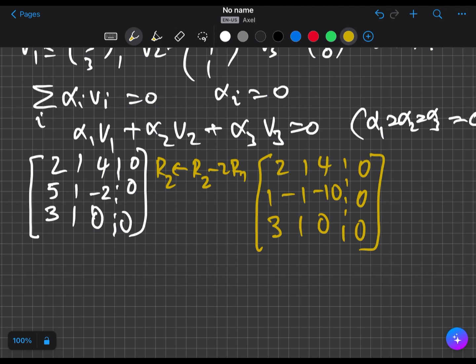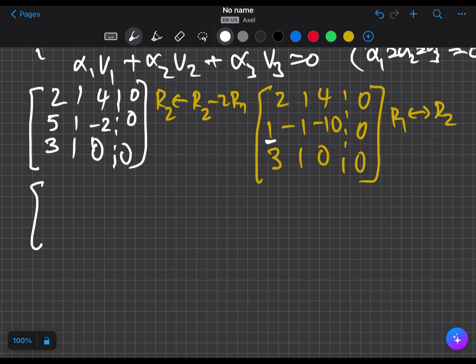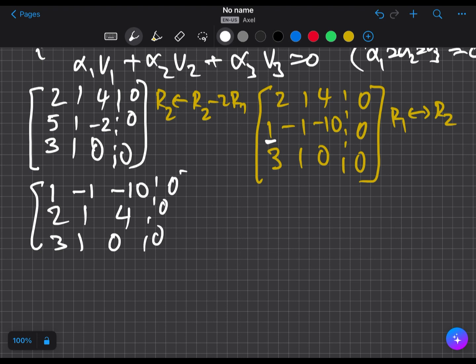And from here I can swap R1 and R2, so that I should have the leading entry at the top. So this will give me 1, -1, -10, 2, 1, 4, 3, 1, 0, and 0, 0, 0.